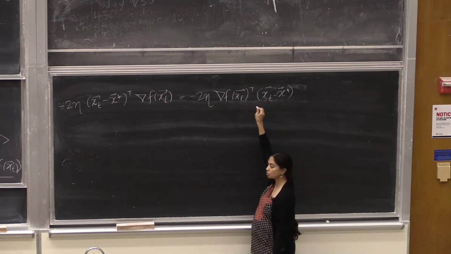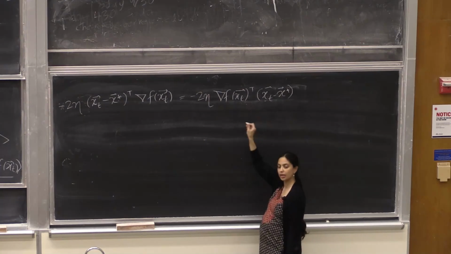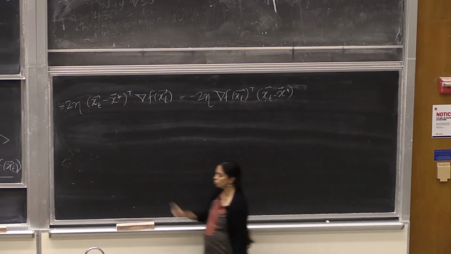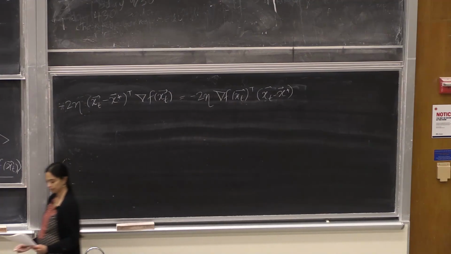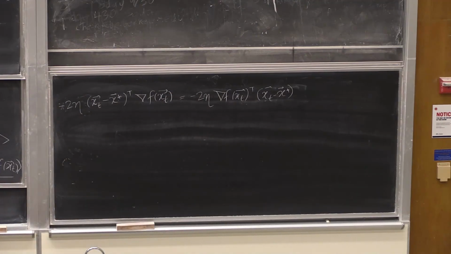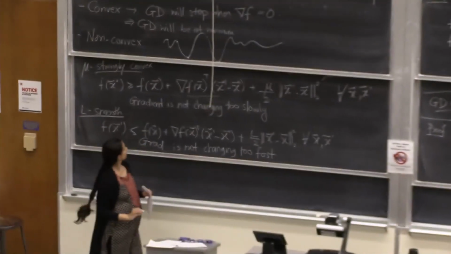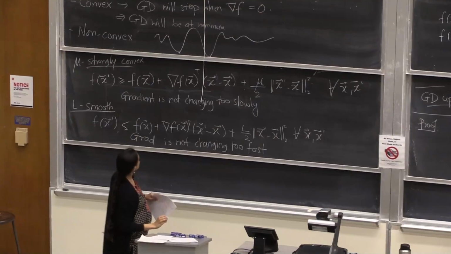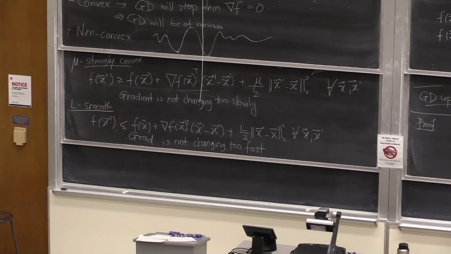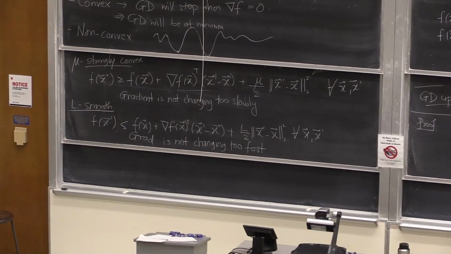Okay, so take a minute and try to manipulate this to get a bound on this. Use the mu strongly convex definition and try to manipulate it to get an upper bound on this. So what term is this like? This is like this term, right? And I want to say that this term is less than or equal to something, okay? So let me write my mu strongly convex definition for f of x star now.